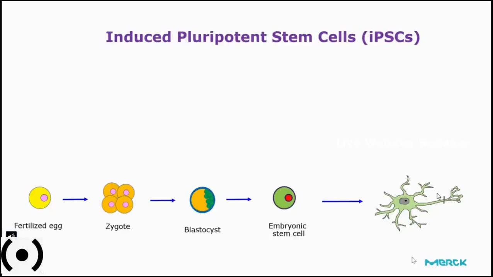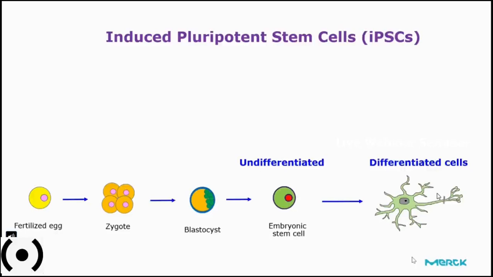And I told you, embryonic stem cells are undifferentiated, and since they are undifferentiated and pluripotent in nature, they can give rise to any cell type, right? Any cell type.